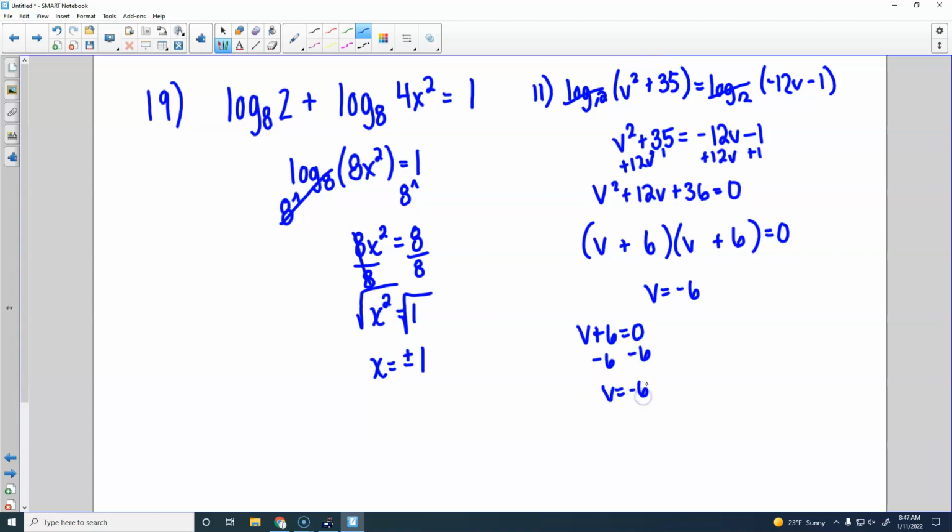So make sure at the end you've got v equals something or x equals something, not just the factor form. Because if you plug it in that way, you'll end up with the opposite signs, and it won't be right. So be careful with those. Okay, questions?